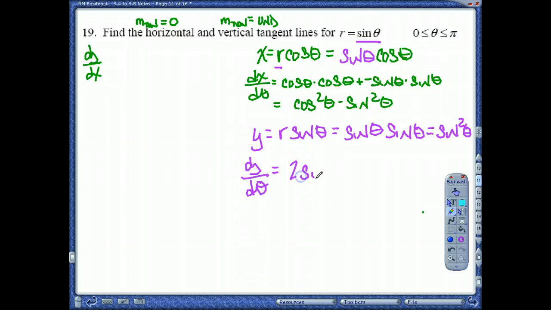So 2 sine of theta times the derivative of sine, which is cosine of theta. So now I can find my dy over dx by taking dy over d theta on top and divide it by dx over d theta.